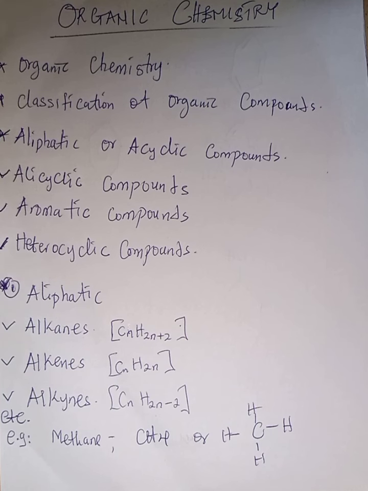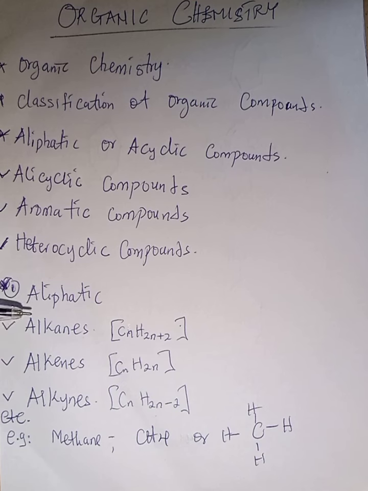The bond I'm talking about is between carbon and carbon. Anytime you hear carbon-carbon, it means a bond between two carbon atoms. Take note of that. So we say these compounds are aliphatic because they have straight or branching carbon atoms.